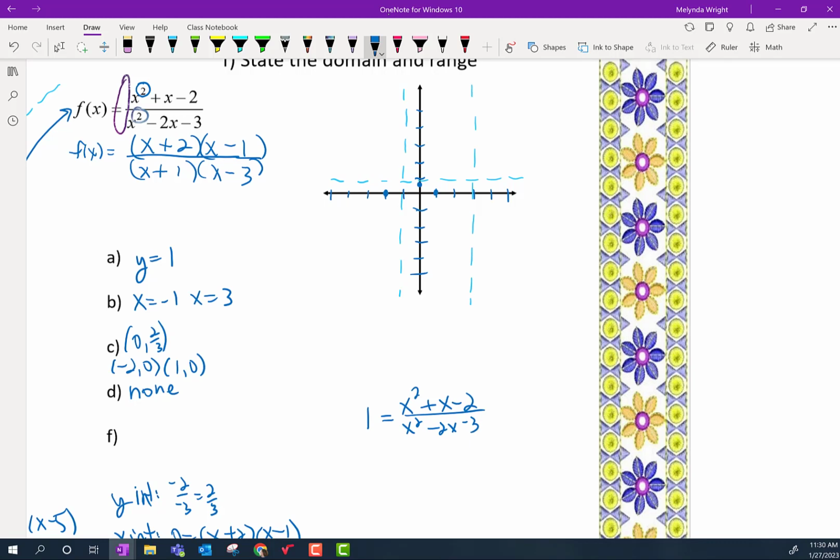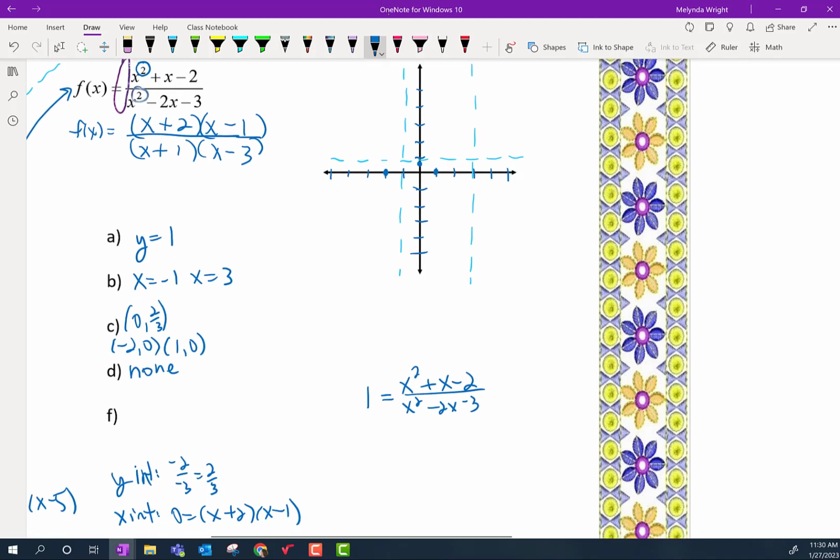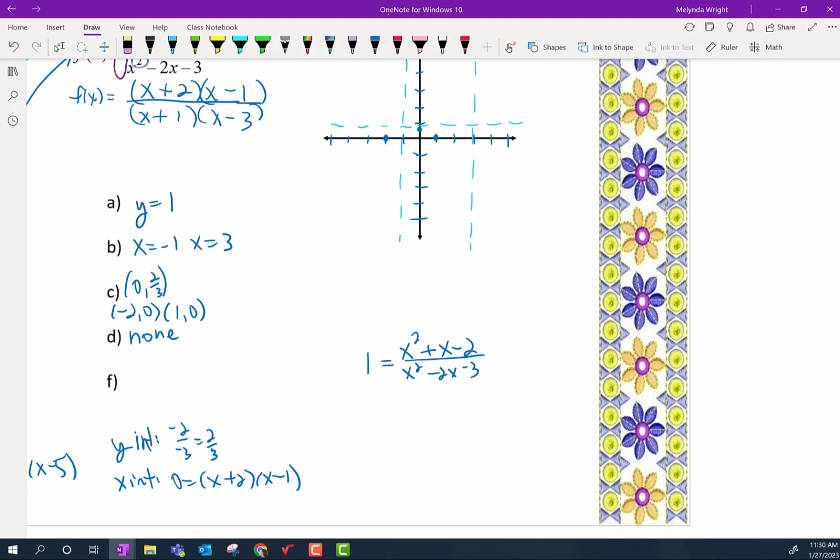Now, what I would recommend is that you turn this number, whatever number this is, into a fraction by putting it over 1, and that you cross multiply. That will make your life much easier to find if we're going to cross the horizontal asymptote.